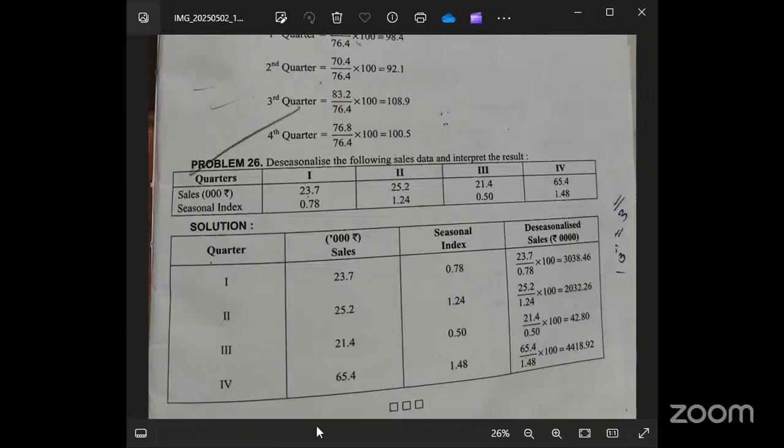Similarly, fourth quarter, 65.4 by 1.48 into 100. This is about deseasonalizing the sales.